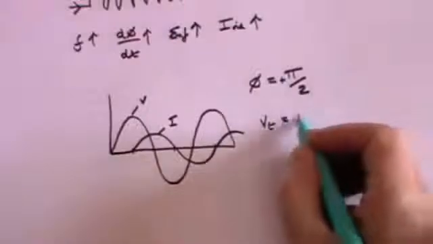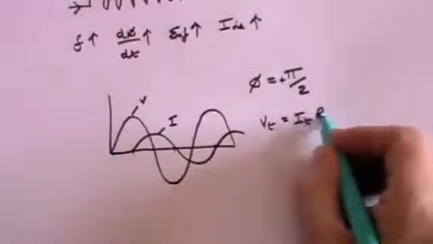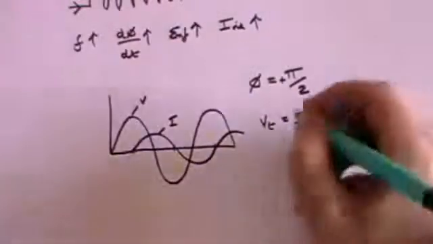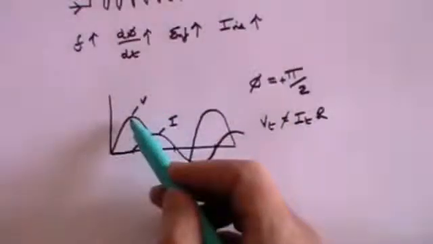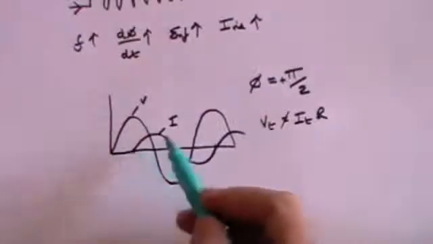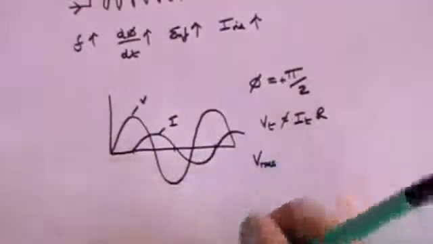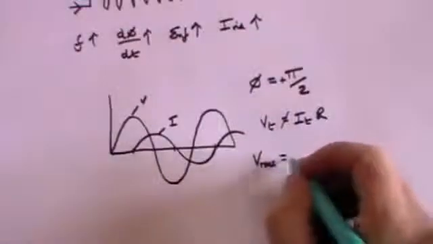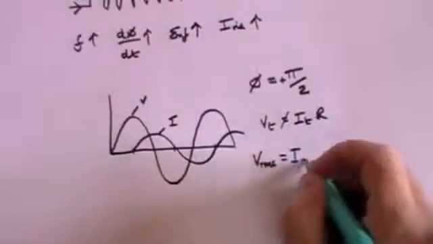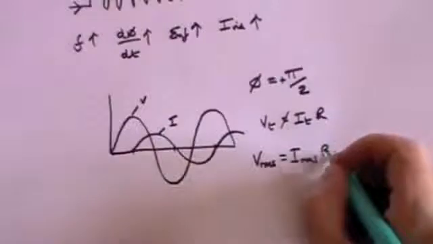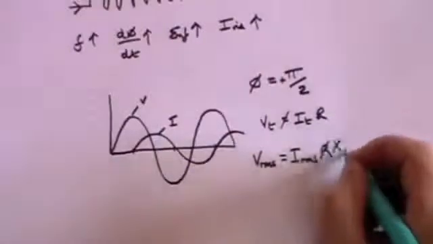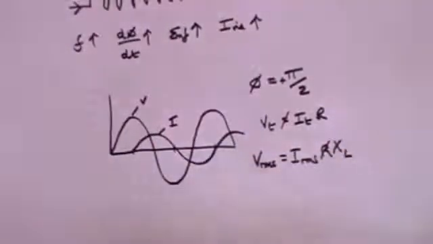And you'll notice again that you cannot say that the voltage at any particular time is equal to the current at any time times R. You cannot say that. That is not true, because when the voltage is at a maximum, the current is 0. When the current is at a maximum, the voltage is 0. But you can say again that taken over the entire cycle, V RMS, root mean square, is equal to I RMS times R, which of course is the reactance XL.